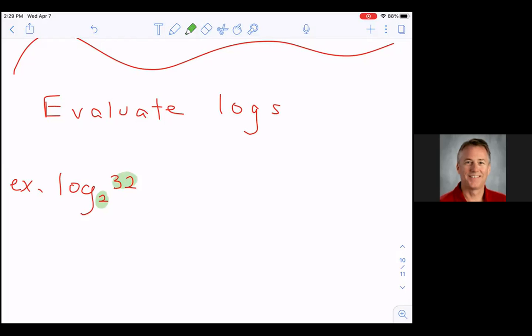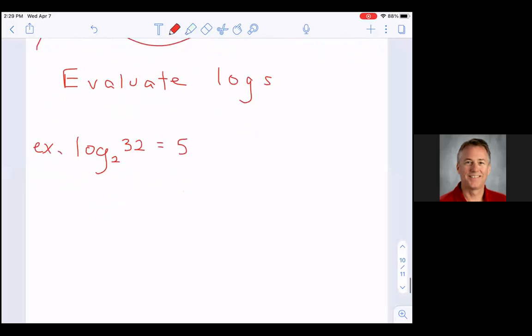So what this question is asking is, 2 to what power is 32? That's 2 to the 5th. So log base 2 of 32 is 5. It's the same as the number 5, another way of expressing it.